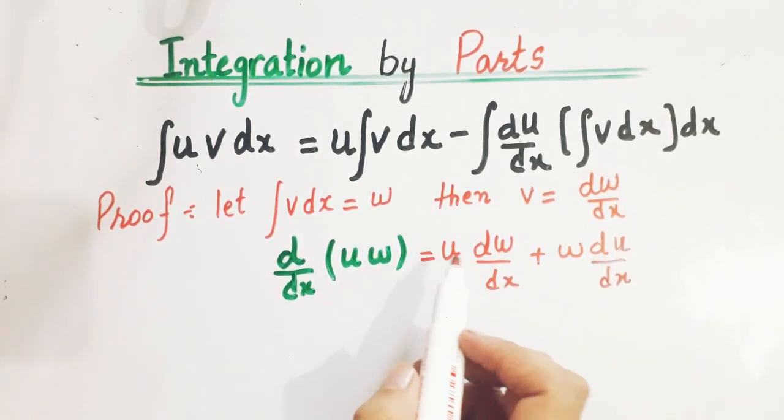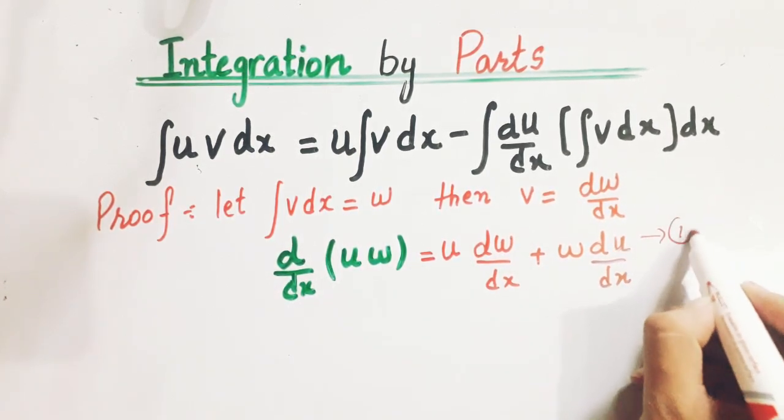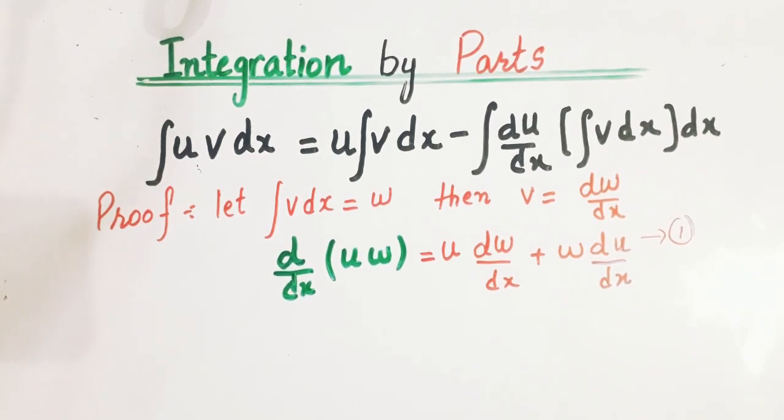Now integrate this equation with respect to x. So when we integrate, we will get only u and w.